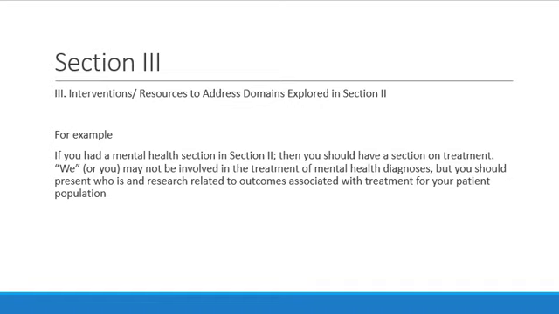Section 3, these are the interventions and resources needed to address the domains explored in Section 2. So, for example, if you had a mental health section in Section 2, then you should have a section on treatment. Now, as a PT, I don't do mental health care, but I would want to recognize that maybe a substantial number of individuals are suffering from depression or anxiety.